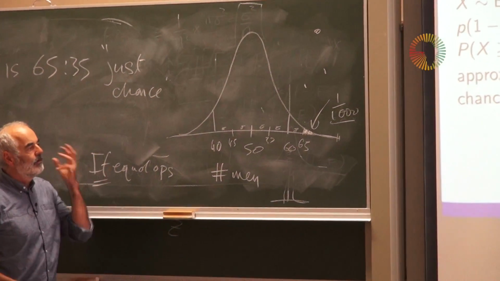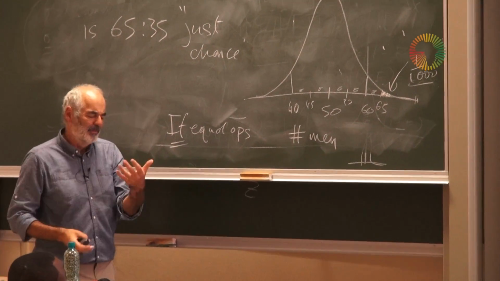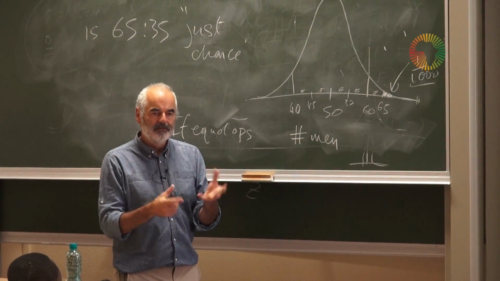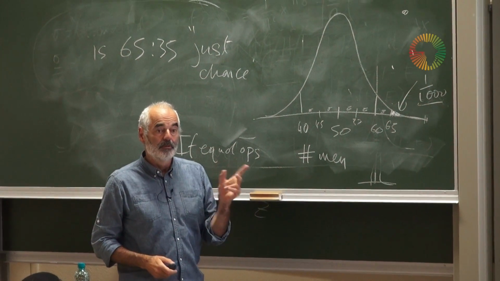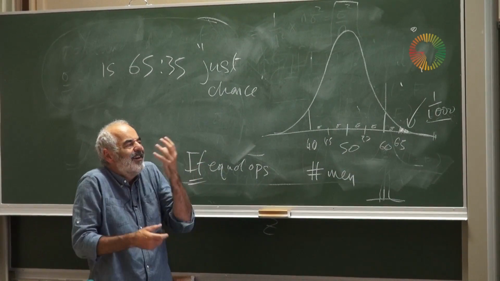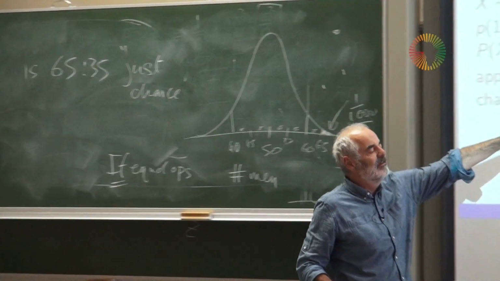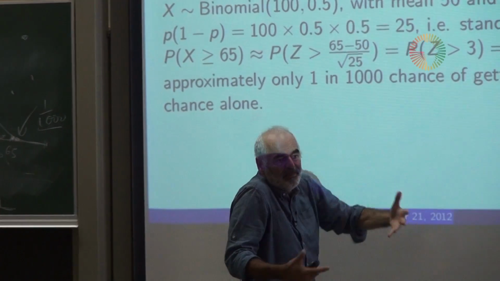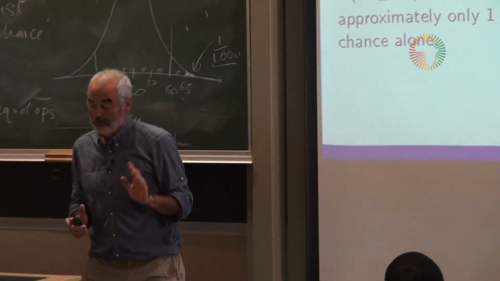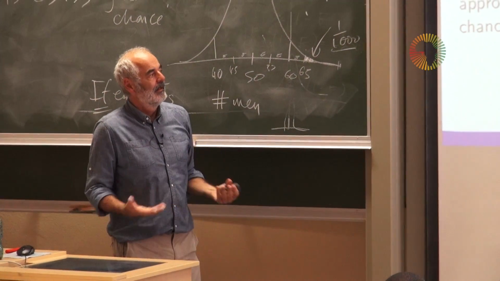We can do this on the back of an envelope, well, we need a calculator. We can work out, this is not right. Either a very rare event has happened, it could be chance, pretty unlikely, but I doubt it. And that's where that leaves us.